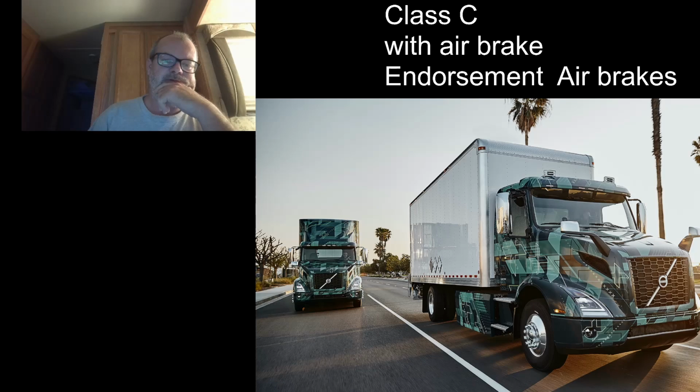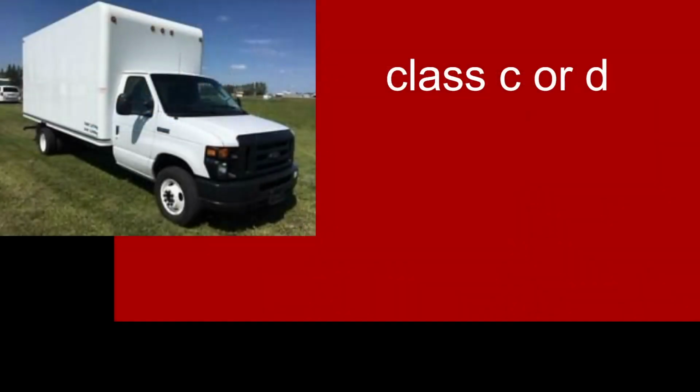Now we'll move on into the Class C, and I'll give you a little information on the Class C, and we'll get rid of my frozen face up there on the top. So the Class C vehicles, you can drive these in the state of Oklahoma with a Class D, depending on the application, the company, and what type of freight you're hauling in them.